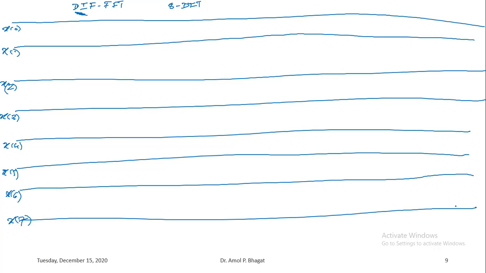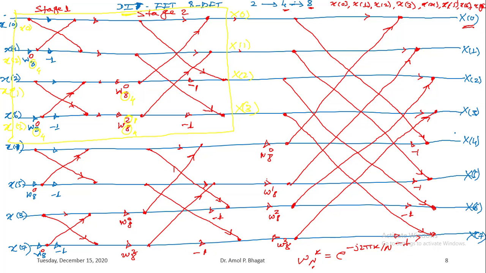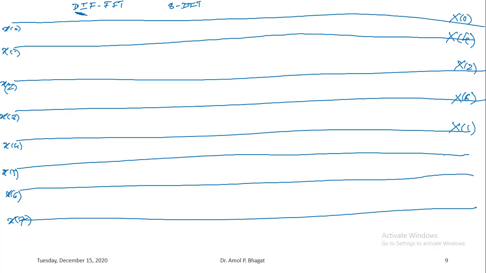Now if I'm going for decimation in frequency, the output will be decimated. X of 0 will be there, next x of 4 will be there, right? Then x of 2, then x of 6, after that x of 1, x of 5, x of 3, and x of 7.